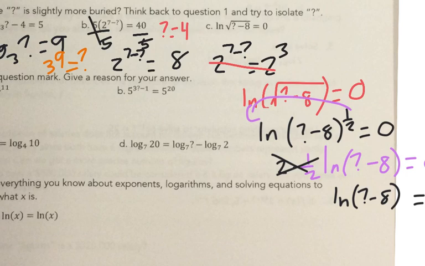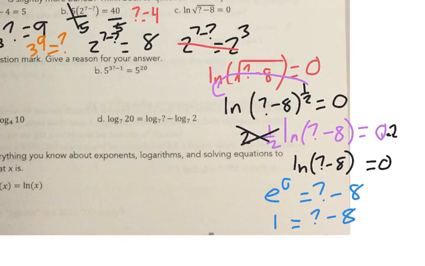I can rewrite it as exponential. What's the base of that logarithm? E. So this is e raised to the 0 equals question mark minus 8, the argument. What's e to the 0? 1 equals question mark minus 8. So then I would add 8. And so the question mark is equal to 9.